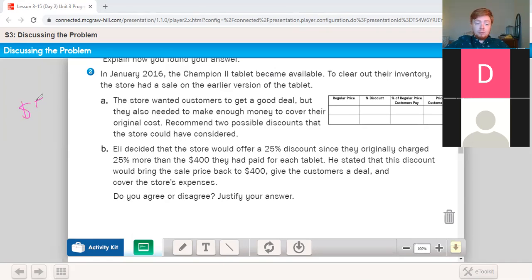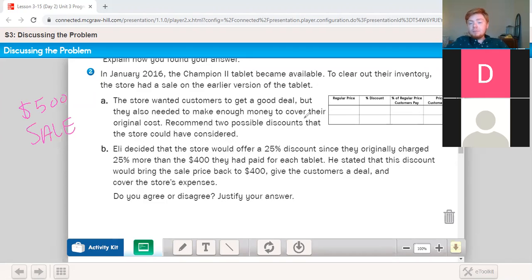So the old tablet was 500 and now there's a sale on it. The store wanted customers to get a good deal, but they also needed to make enough money to cover the original cost. Recommend 2 possible discounts that the store could have considered.